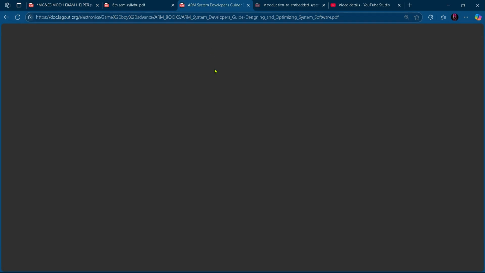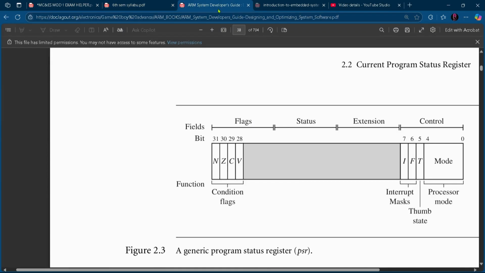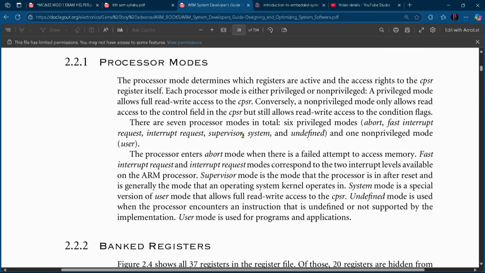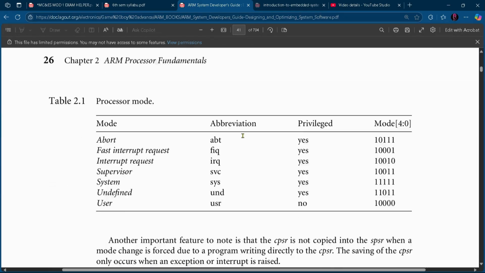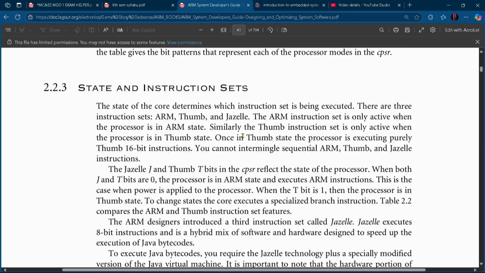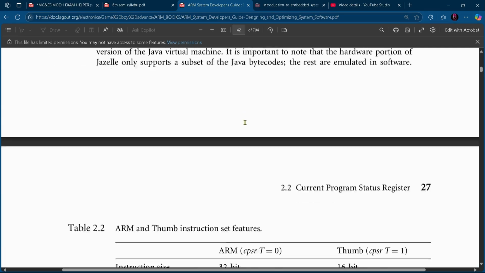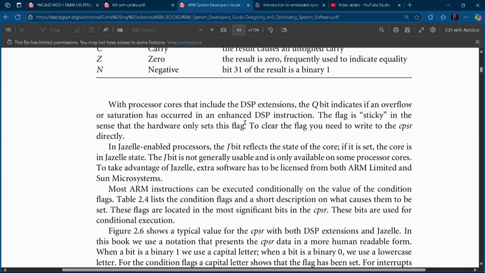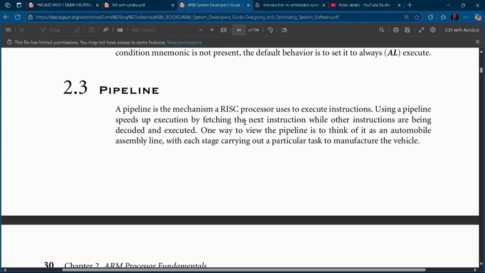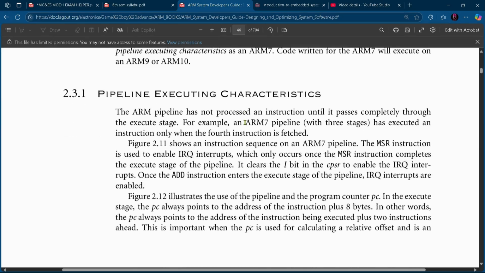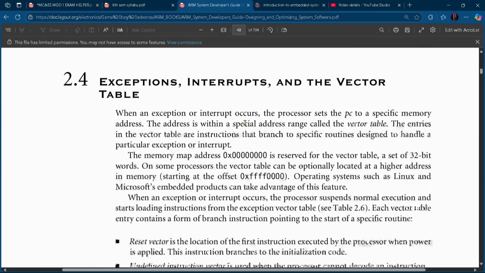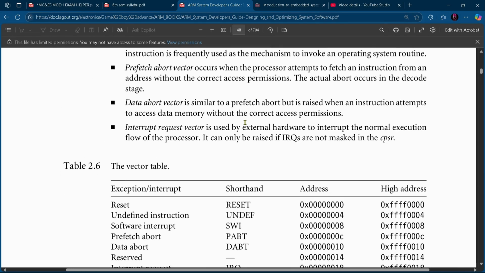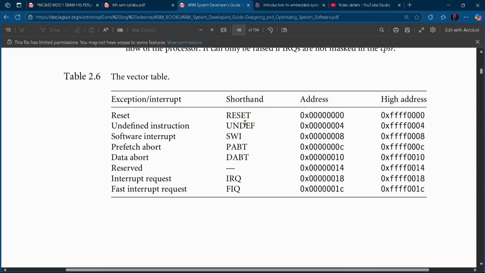Before I end, let me go to the state and instruction set. That was done, and pipelining was also performed, and exception, interrupt, and vector table. So here, this is the vector table.